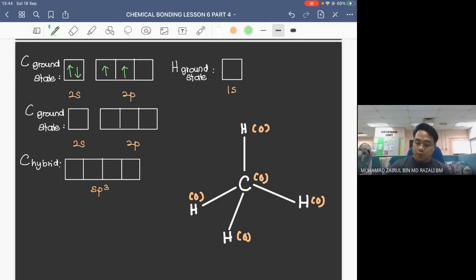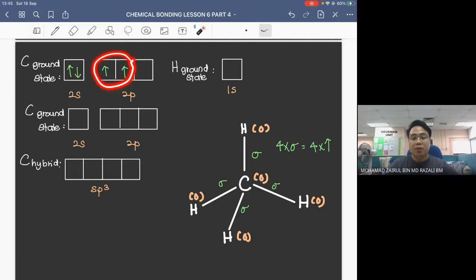We have 4 sigma bonds around the carbon. Remember that 1 sigma bond or 1 pi bond means you need 1 unpaired electron. So if you have 4 sigma bonds, you need 4 unpaired electrons. However, at the ground state of carbon, we only have 2 unpaired electrons and 1 pair of electrons. So how do we form 4 unpaired electrons?